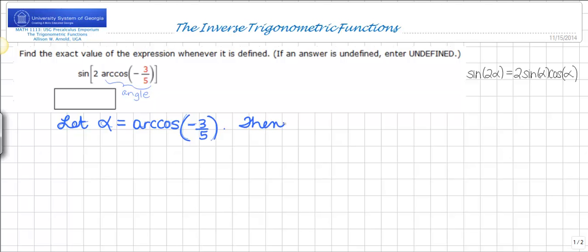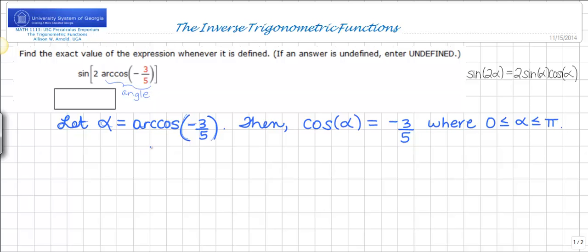The definition of the inverse trig functions would say, take any one of them and they're rewritten in a similar manner. Cosine of the angle is the number. And then you have to remember where the angle can be. And in the case of inverse cosine, the angle can be between 0 and pi.